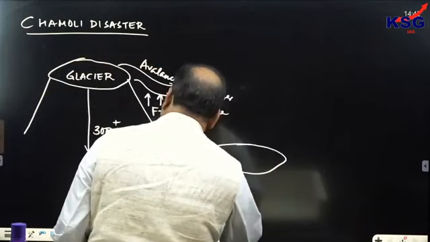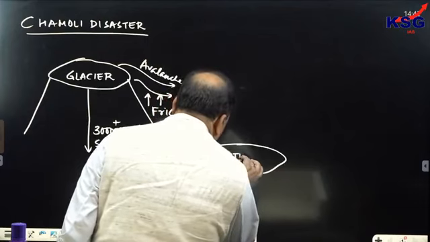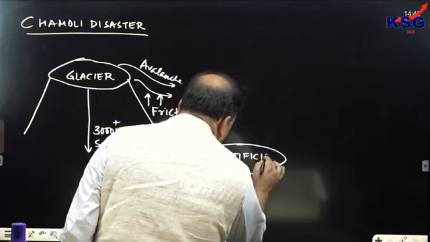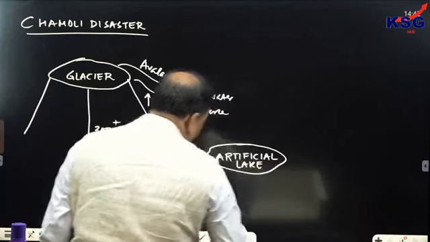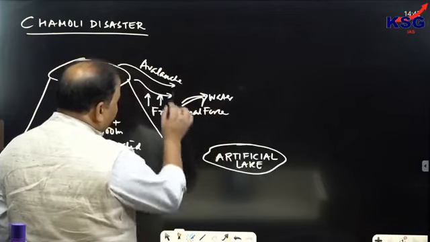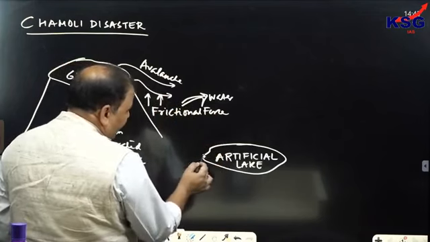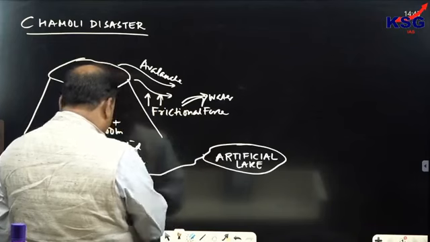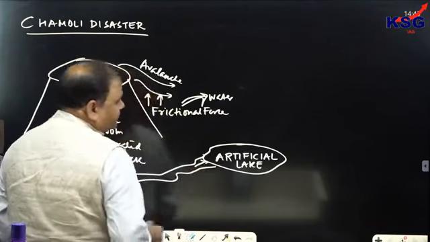See, the debris which were emitted were responsible for formation of an artificial lake in which the water from the avalanche got accumulated, and this lake was also situated at the confluence of two rivers.